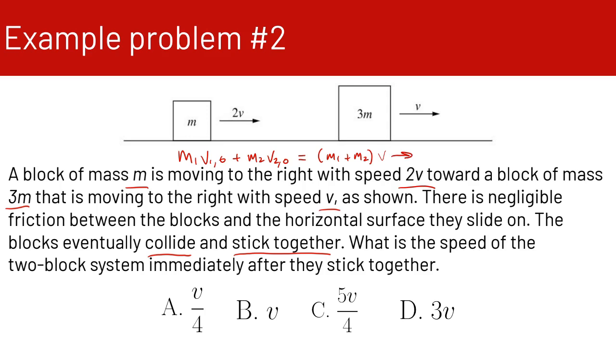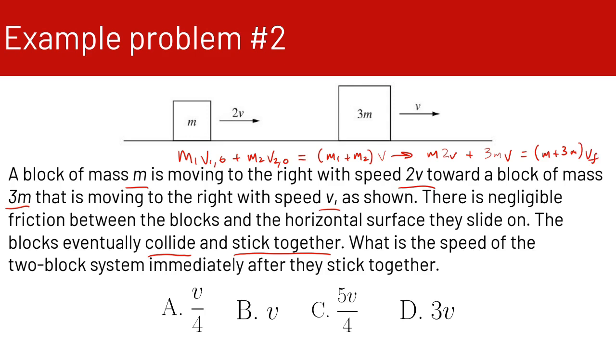We have the mass of the first block, m, times 2v, plus the mass of the second block, 3m, times the velocity v. Then we add our masses together, m plus 3m, and we're looking for our final velocity. So I'm going to bring all this down here to the side.